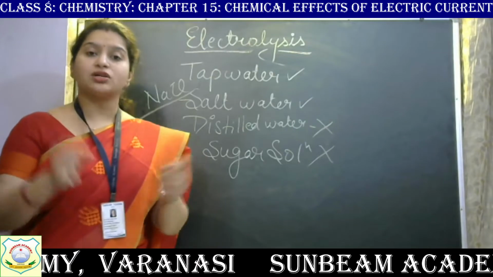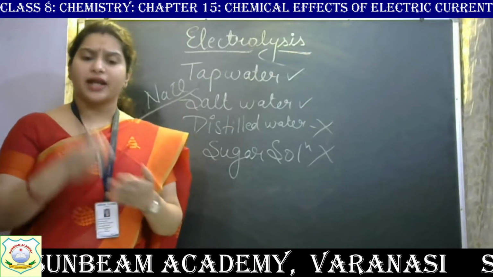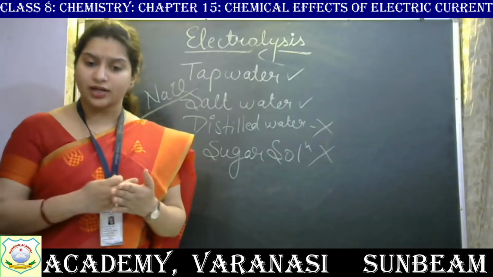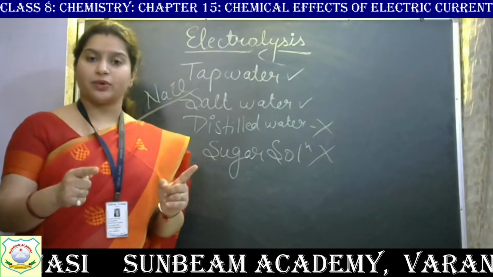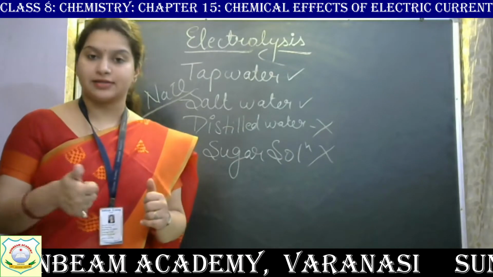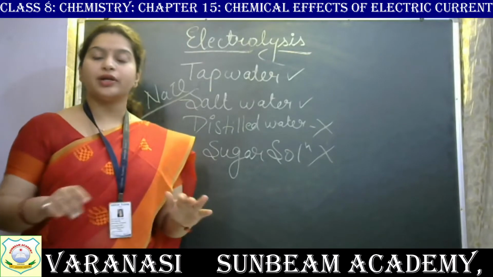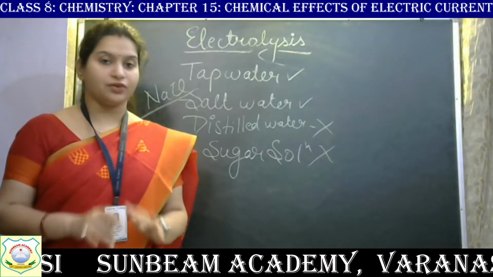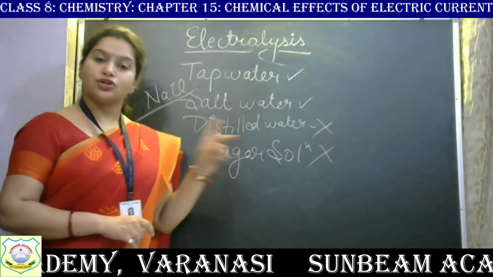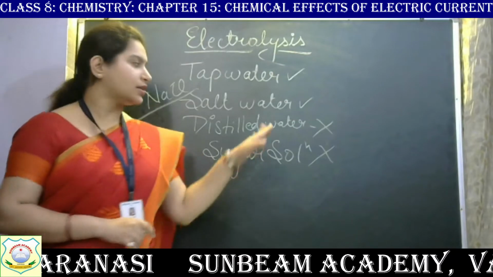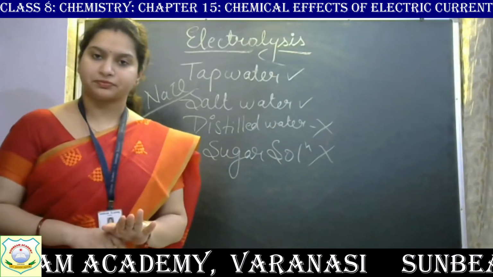So if in a solution there are certain charged particles present or certain acid, certain base or certain salt, then only that liquid will conduct electricity. Otherwise, no electricity will be generated in case of distilled water or sugar solution, because they do not contain any charged particle dissolved in them.